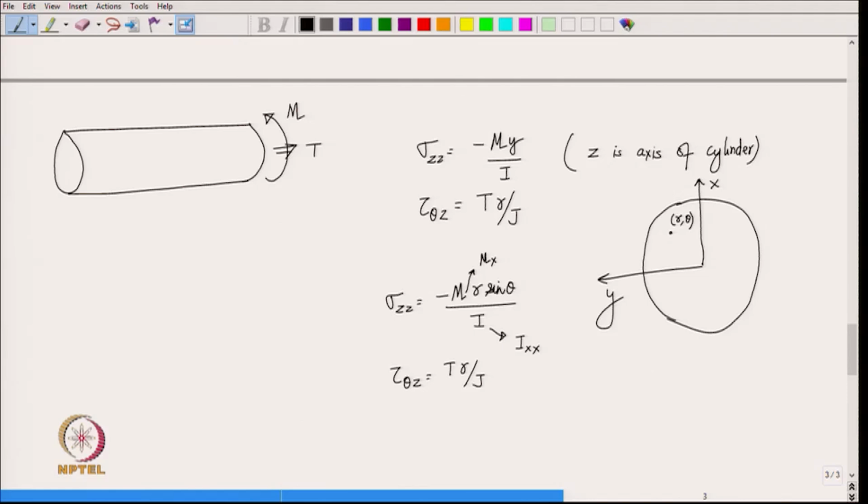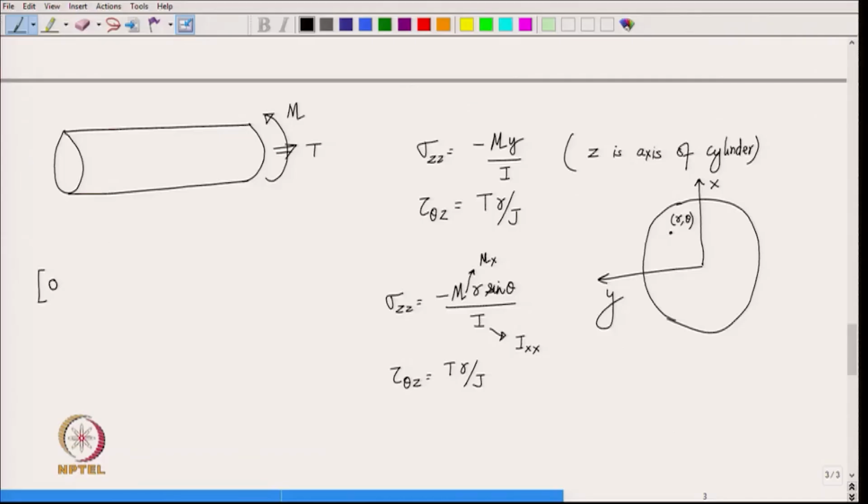So, the total state of stress when both moment and torque are acting will simply be superposition of the two things. And why can we superpose? It is because we are working in linear elasticity regime. Okay.